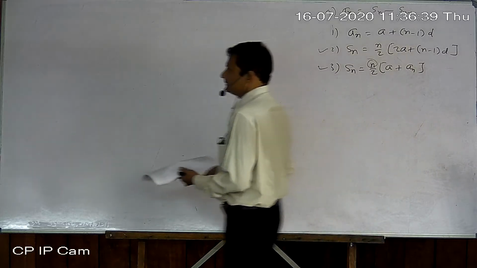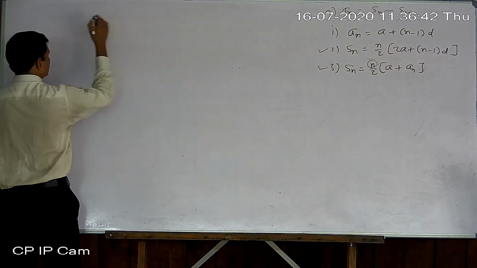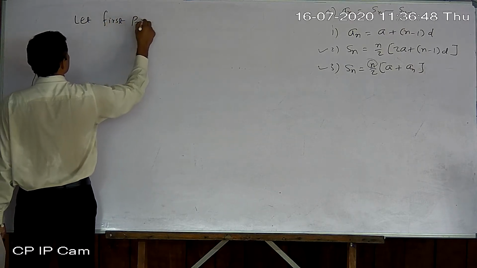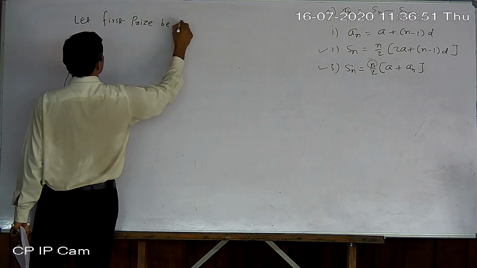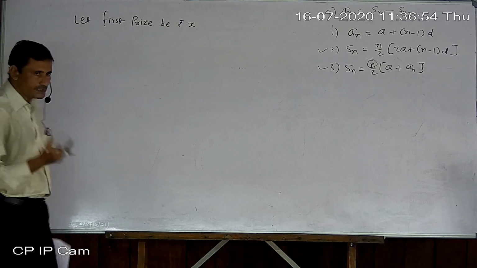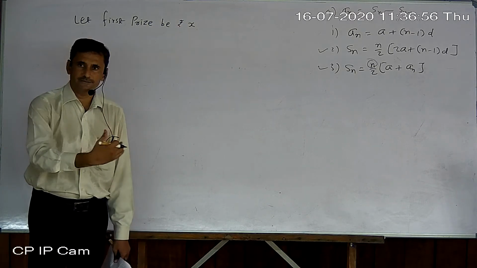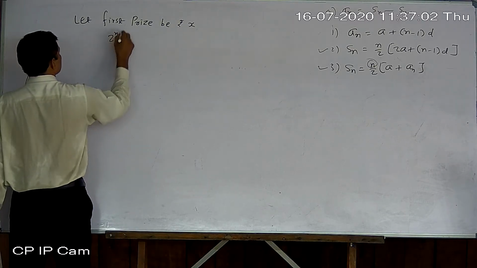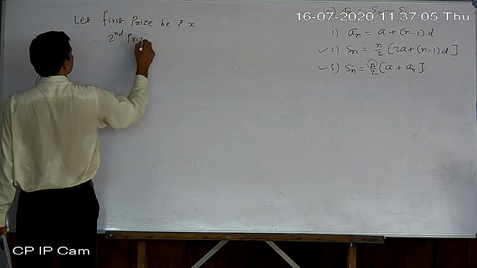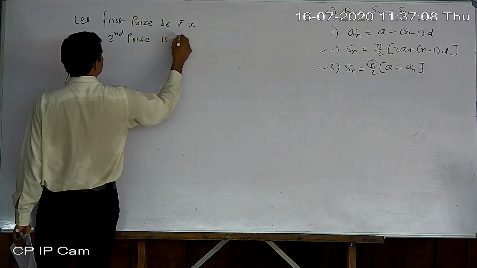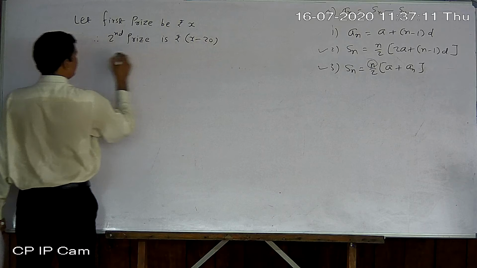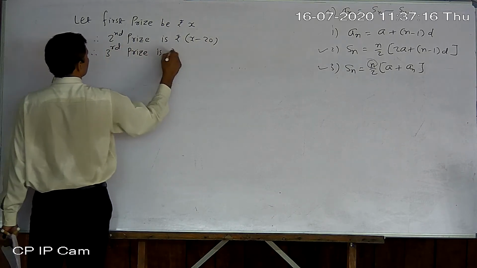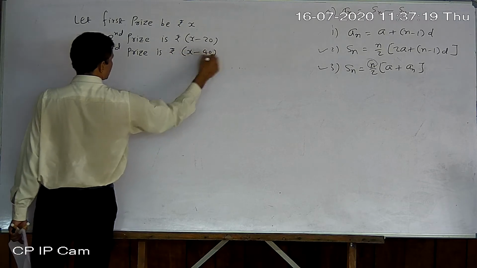So can we suppose the first prize to be X? Okay, let the first prize be X. Obviously, the second prize will be rupees X minus 20, and the third prize will be rupees X minus 20 minus 20, X minus 40, and so on.